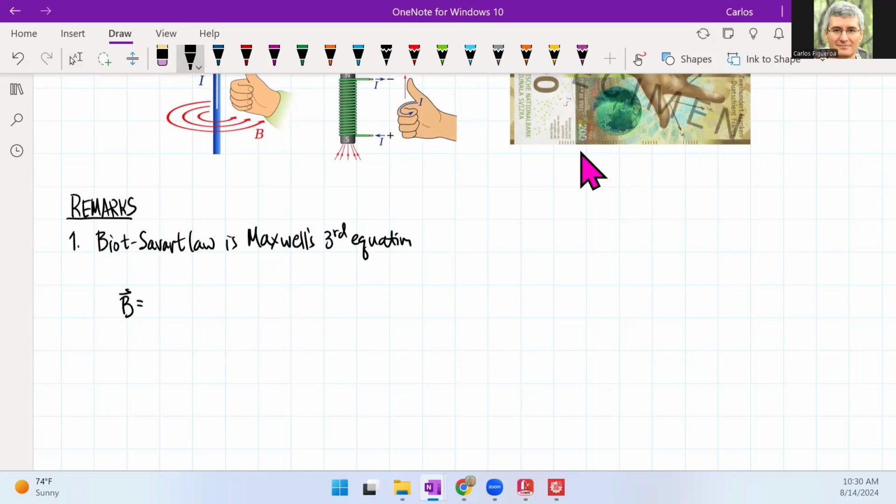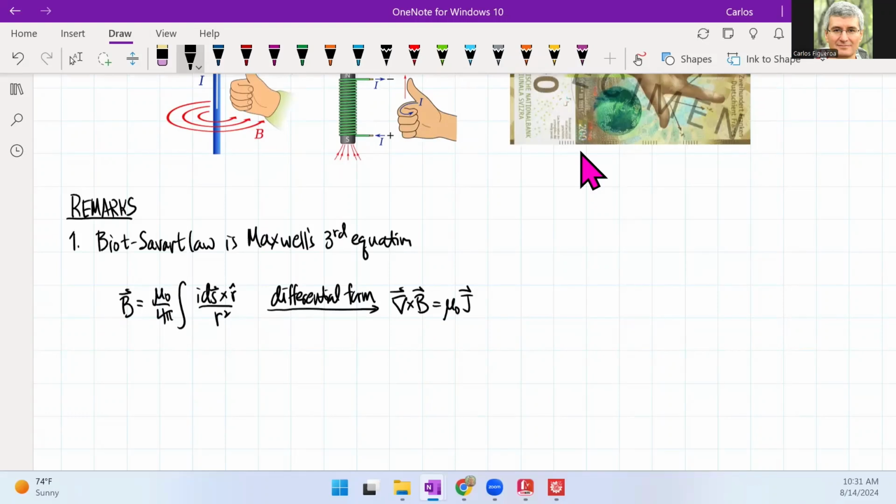In integral form, which is what we typically deal with in this course, we're integrating around a loop or a path. But we spent time trying to interpret the geometry of the three-dimensional derivatives. So in differential form, it looks like del cross B equals mu naught times J.